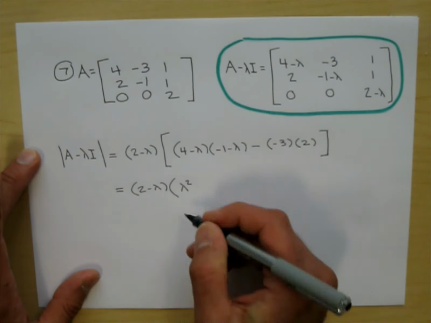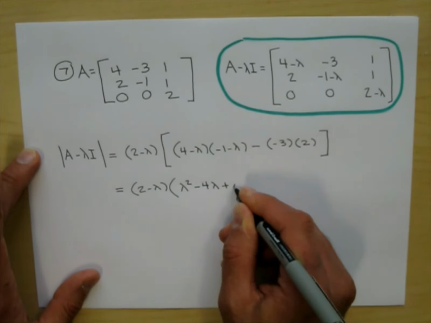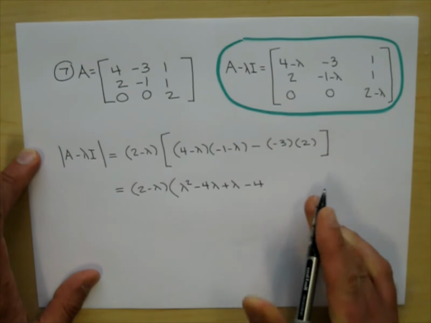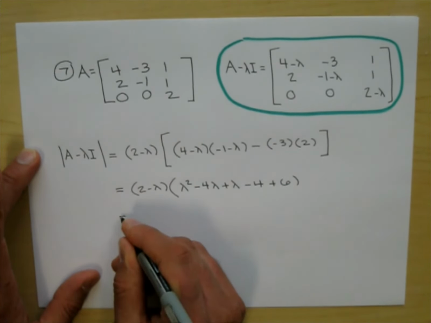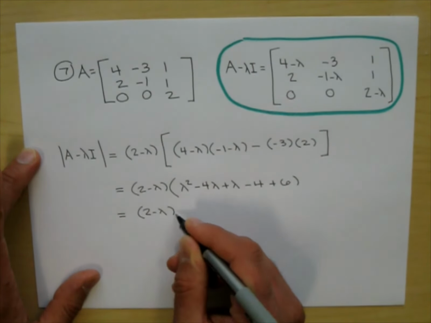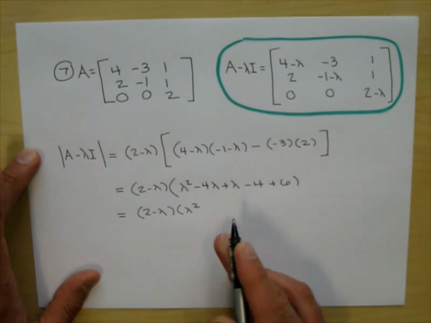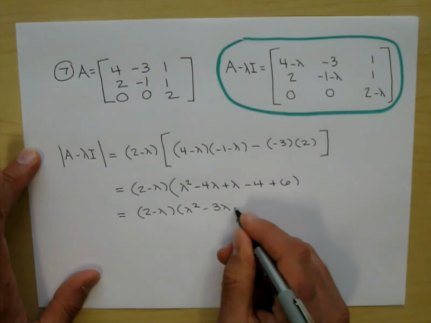And then I have minus 4 lambda, and then plus lambda, and then minus 4. This guy right here is plus 6. So this is 2 minus lambda, lambda squared, we have minus 3 lambda, then over here is plus 2.